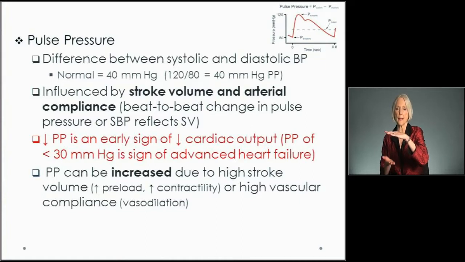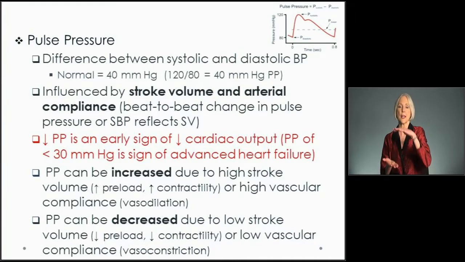So when we talk about an increase in pulse pressure, we're talking about the difference between systolic and diastolic becoming bigger. Things that can cause the pulse pressure to increase again are high stroke volume or high vascular compliance, which means the blood vessels are very dilated.